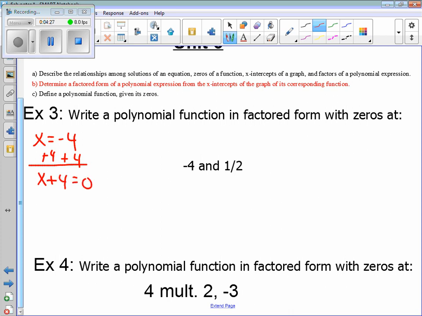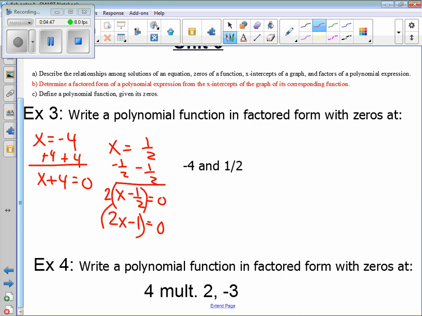When we have a fraction, do the same thing, subtract 1/2. And we can't have fractions with our factors, so multiply by the denominator. 2x minus 1 equals 0. So, factored form.